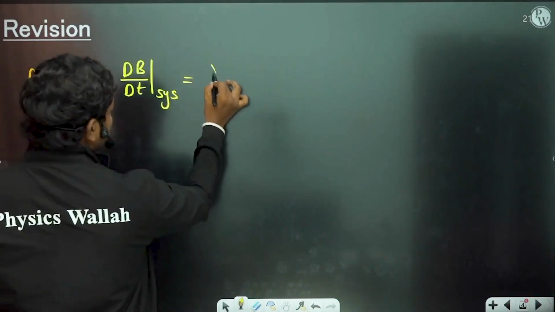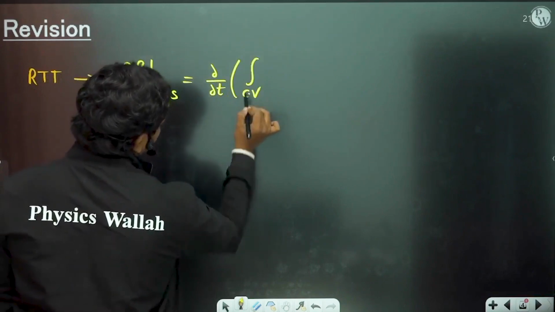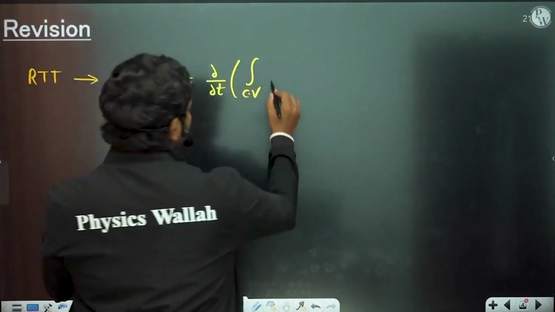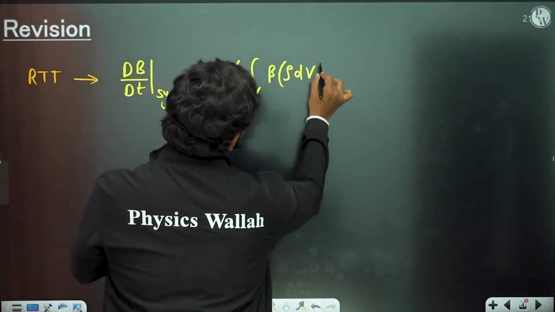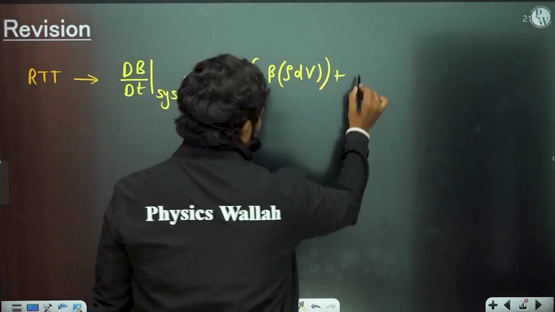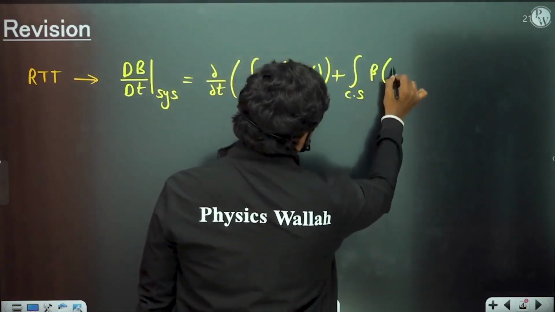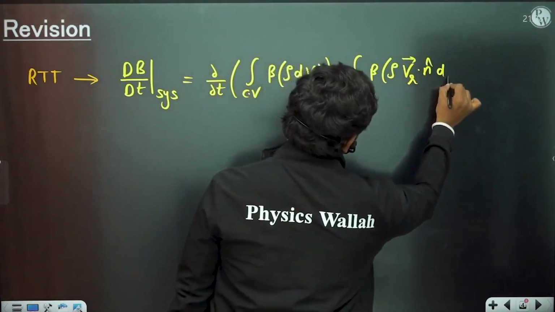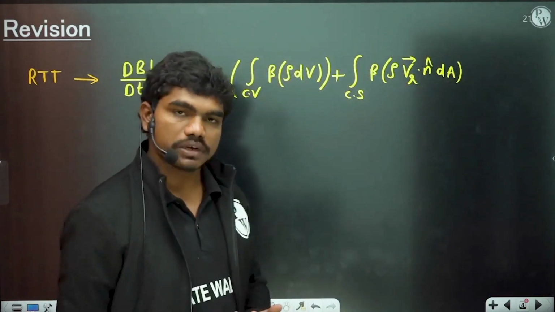This is equal to ∂/∂t of the integral over the control volume, actually a triple integral since we are integrating along the volume, of β times ρ dV. Plus the integral over the complete control surface of β times ρ (V_R · n̂) dA. This is the Reynolds transport equation that we have looked at.